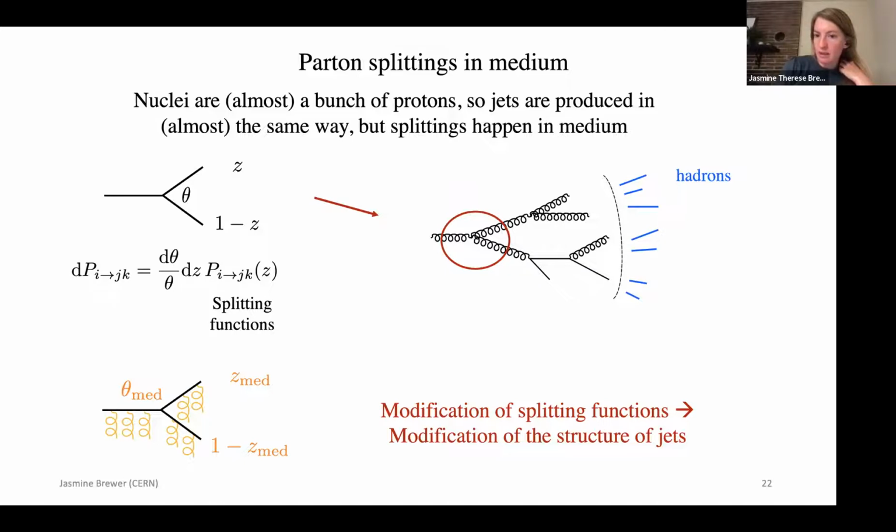And so maybe you should medium modify these splittings as the shower develops. But I'm not sure if it's obvious whether you should medium modify the hadron fragmentation function, since it's at the phase transition where everything is turning back into hadrons anyway. But I don't know about that.